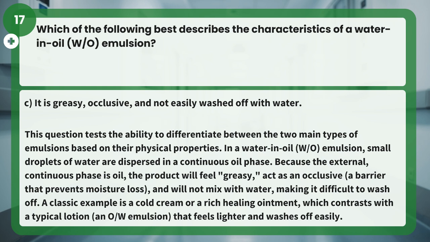Because the external, continuous phase is oil, the product will feel greasy, act as an occlusive, a barrier that prevents moisture loss, and will not mix with water, making it difficult to wash off. A classic example is a cold cream or a rich healing ointment, which contrasts with a typical lotion, an O/W emulsion, that feels lighter and washes off easily.